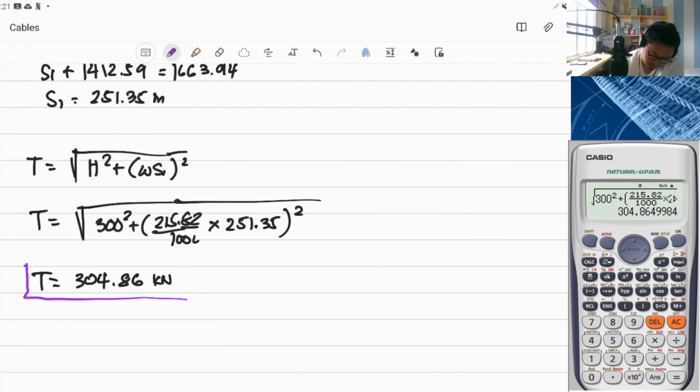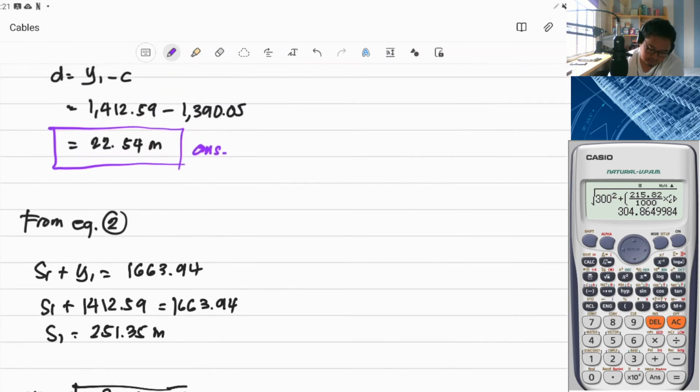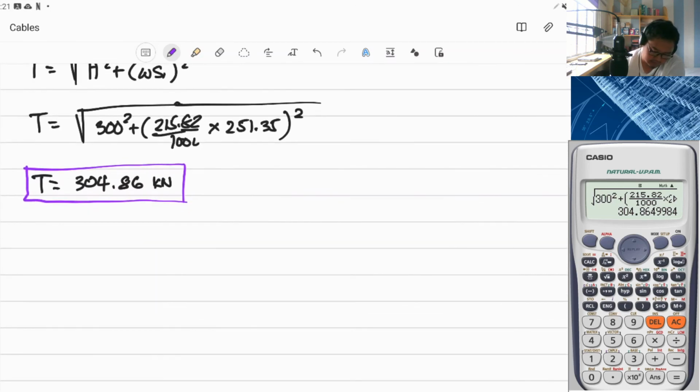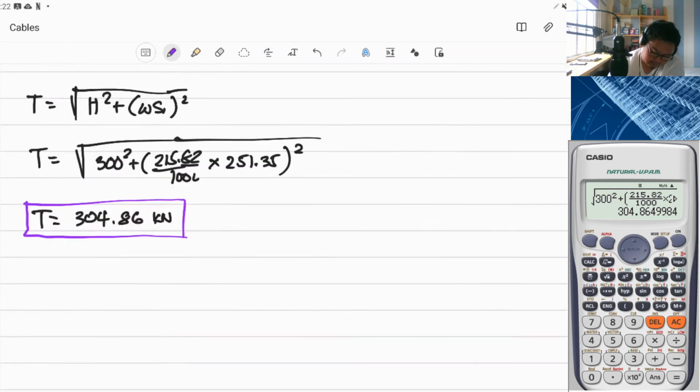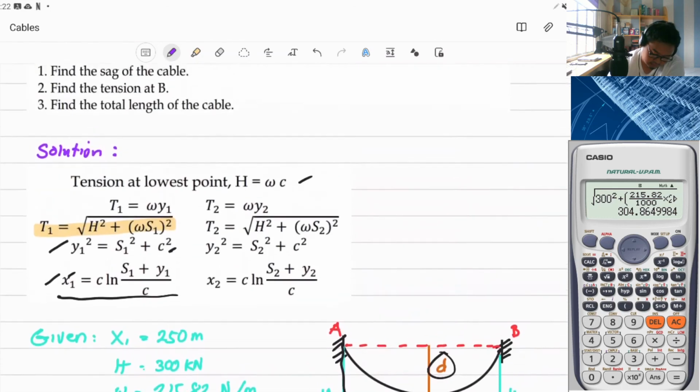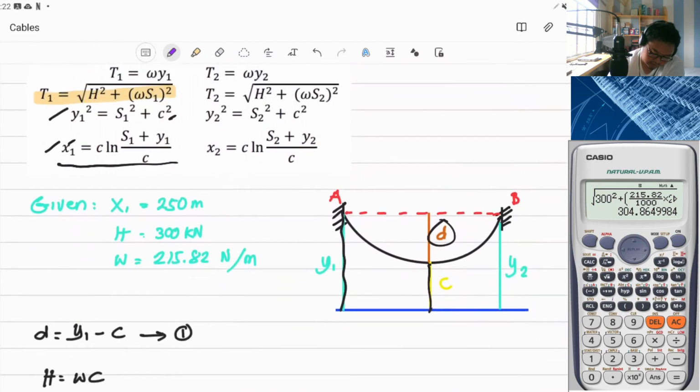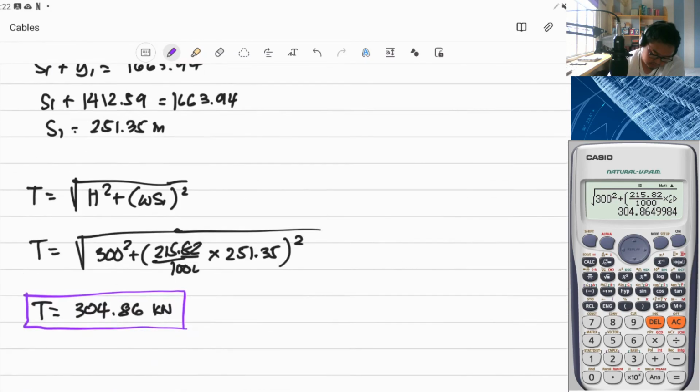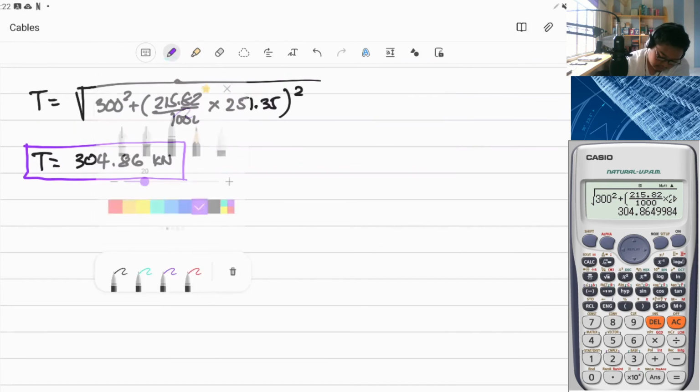So this is the answer for question number 2. For question number 3, find the total length of the cable. It's very easy.